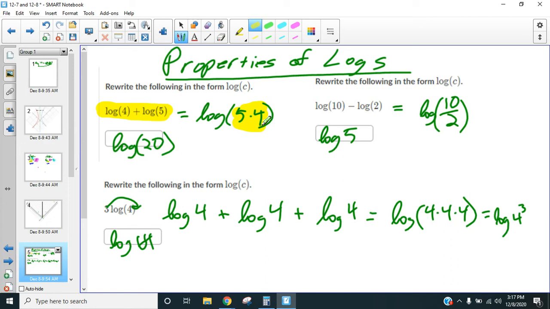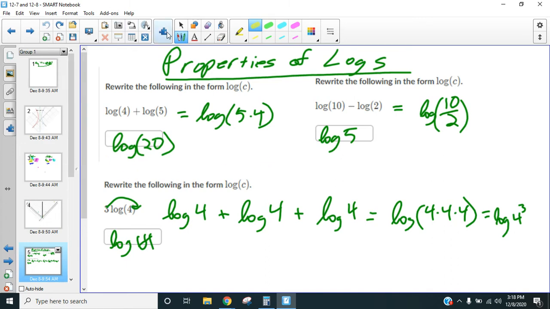So log of 5 plus log of 4 becomes log of 20. Well, it would also make sense then that if they weren't added, if they were subtracted, guess what we do? We're going to divide. Kind of like the relationship between exponents, right? If you remember, if we had two exponents that were multiplied, we added them. If we had two exponents that were divided, we subtracted.